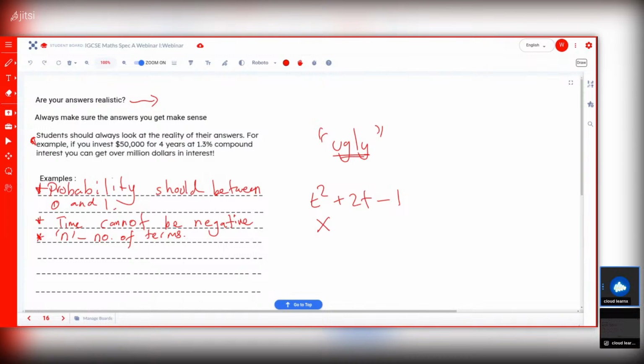And then reverse percentages, if you knew someone sold for profit and you knew the selling price, you should know that he started with a lower amount. Or if you know what the investment amount was at the end, you should know that he probably deposited a smaller amount at the start. So those sort of things, being realistic about it is very helpful in getting some insight whether you're doing things right, whether you've got to the right place.